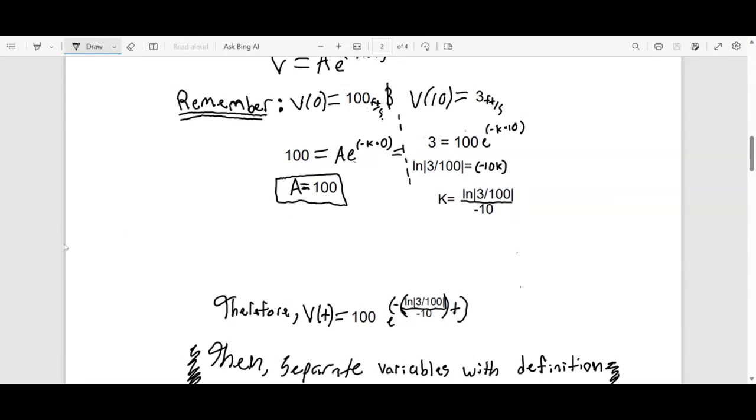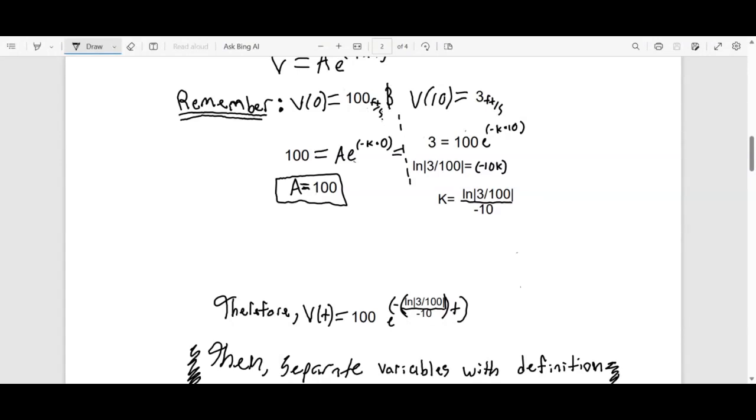Hold on. We don't like to divide by a negative number. Can you simplify your k? Yeah. I know that ln of 3 over 100 is a negative value. That's right, so you could view it as a positive. Right, ln, you don't need the absolute value sign anymore.